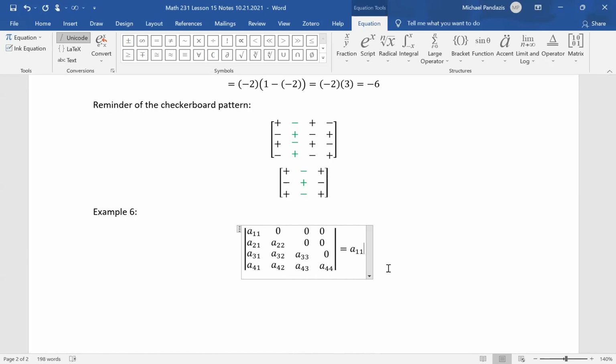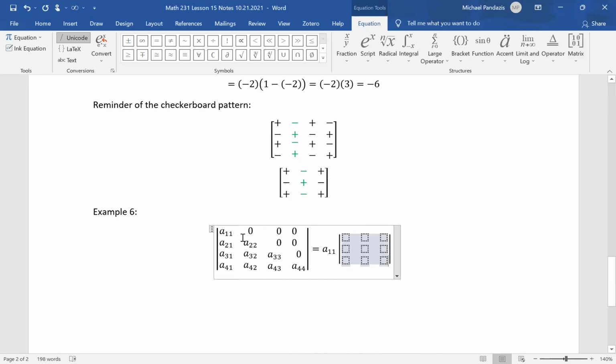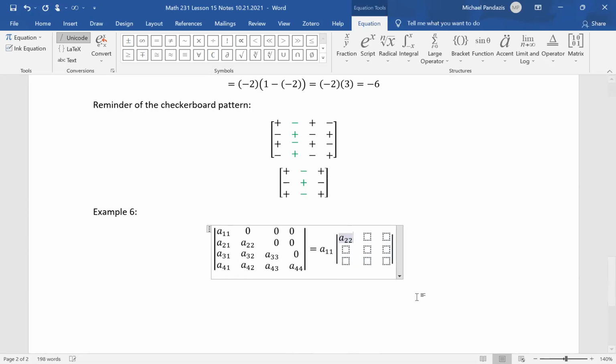The only term that matters is the first term, and then you multiply it by the determinant of the corresponding submatrix, and you get this.